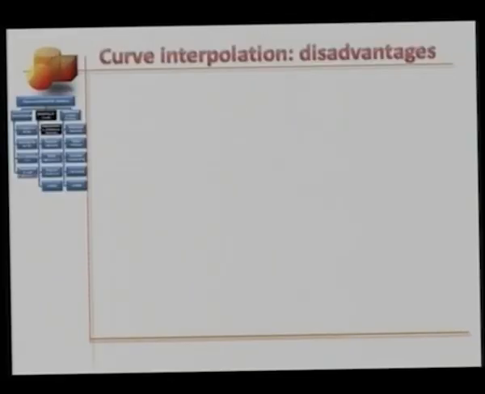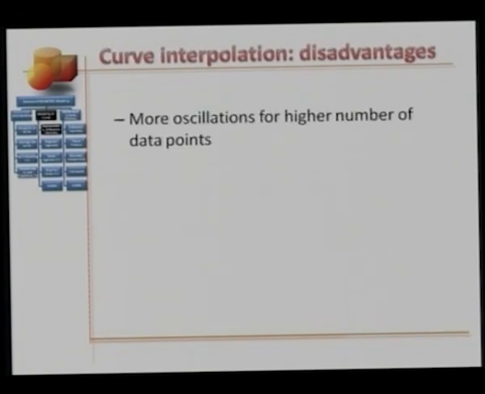There are a few disadvantages of curve interpolation techniques. We would see more oscillations for a higher number of data points. This is obvious. A polynomial of degree n will have at most n real roots. Graphically, that polynomial is going to be intersecting the x-axis at most n number of times.